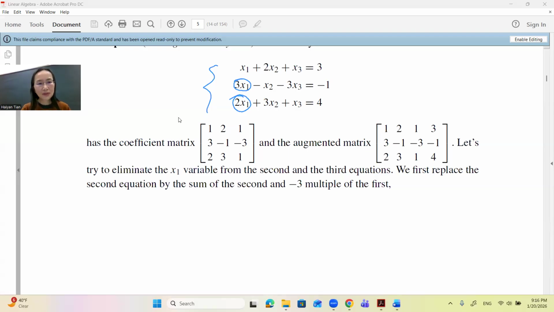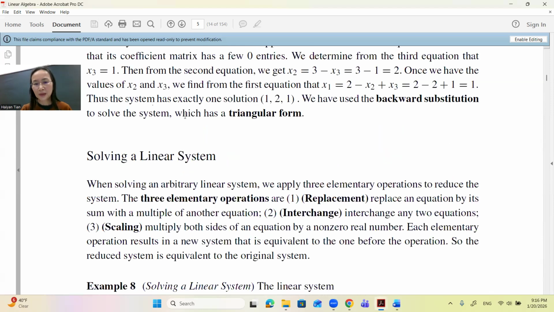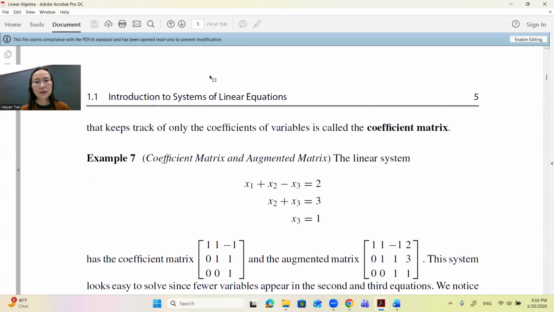And just because of our previous example, you see, in the previous example, you notice we have the x1 variable, right? There's no x1 variable in the third equation. That is a very easy case to solve.